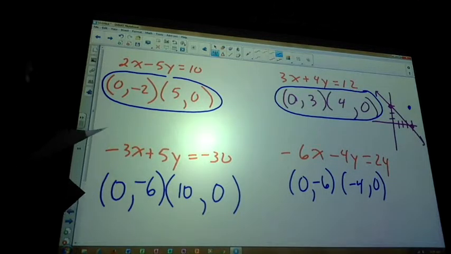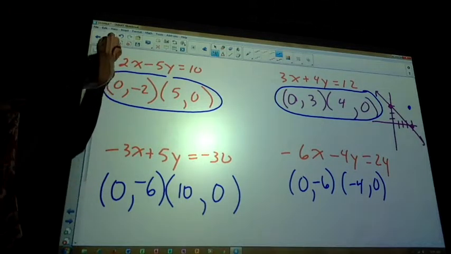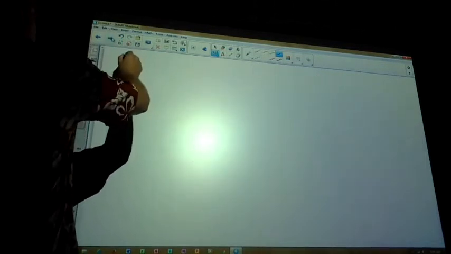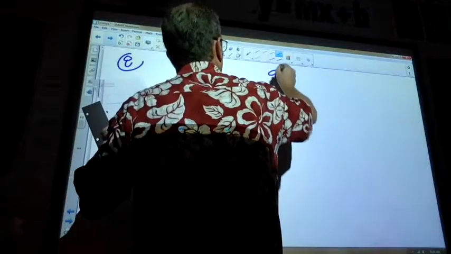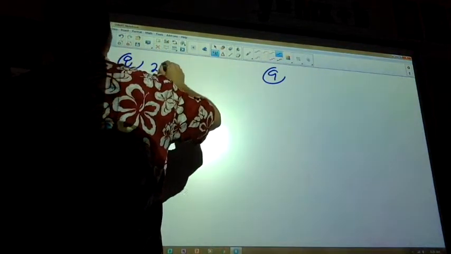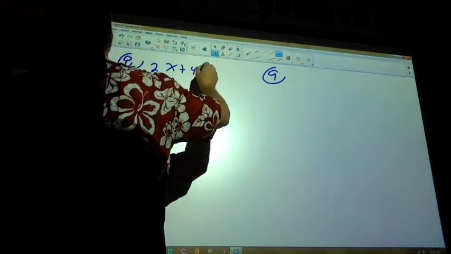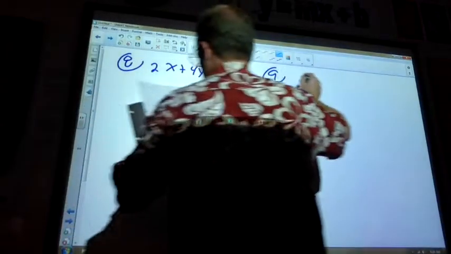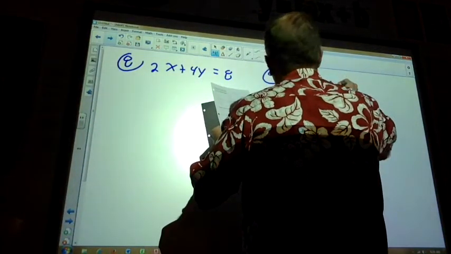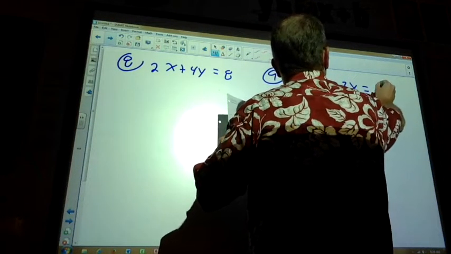Okay. All right, so that's 5, 6, 7, right? Number 8 and number 9. I know normally I'm not writing it, so I have this, and I have this. Okay, and both of these we want to graph.